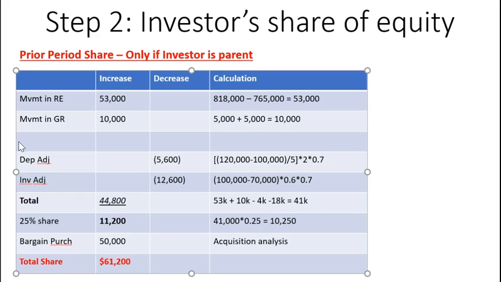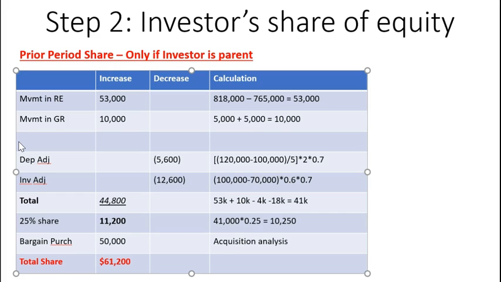So we know that we paid $200,000 for our 25% share in the company. But because the total equity was $1 million, we were actually entitled to $250,000 of net assets, despite only having to pay $200,000.